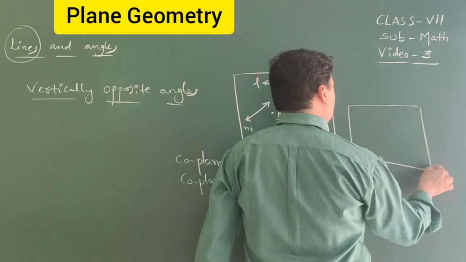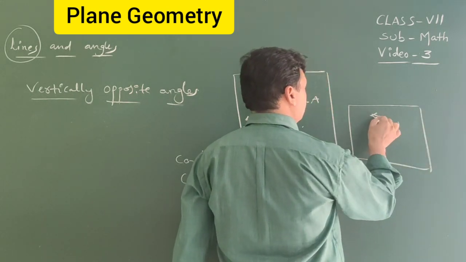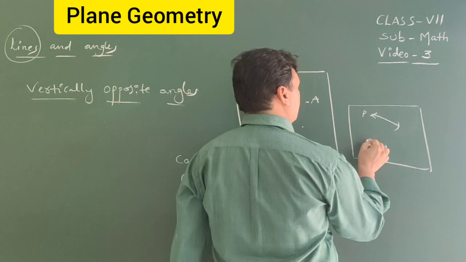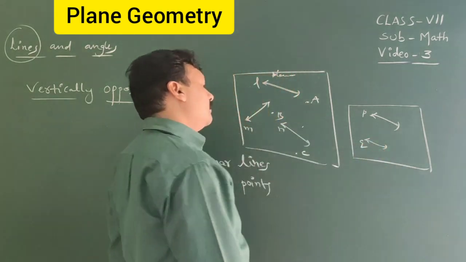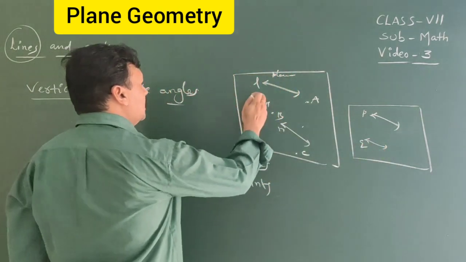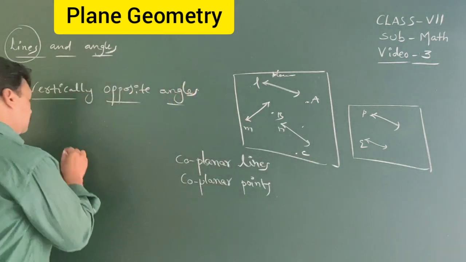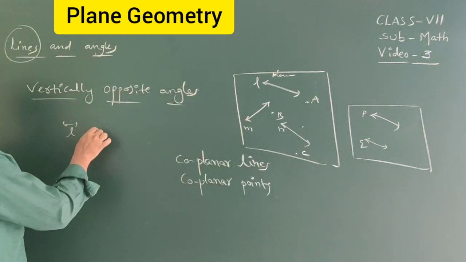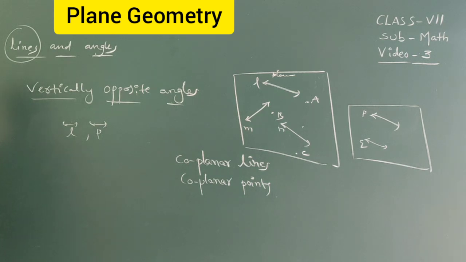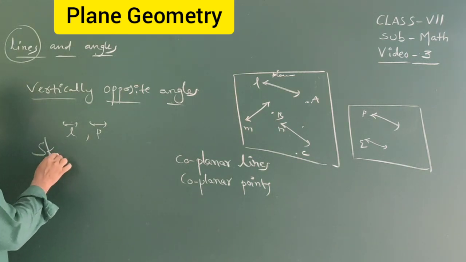The lines which are lying in different planes. Here consider line L, line N and line P. They are not coplanar. They are skew lines.